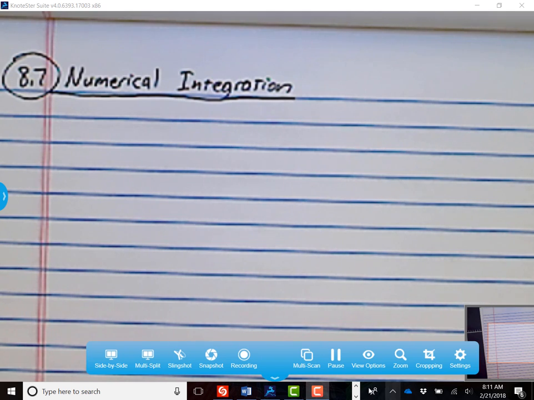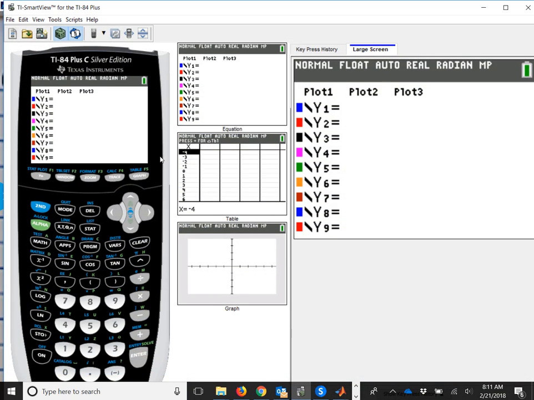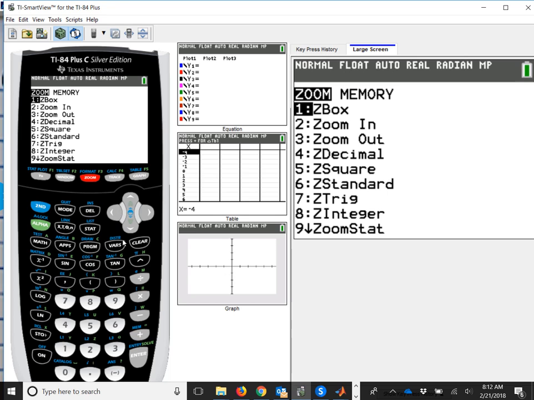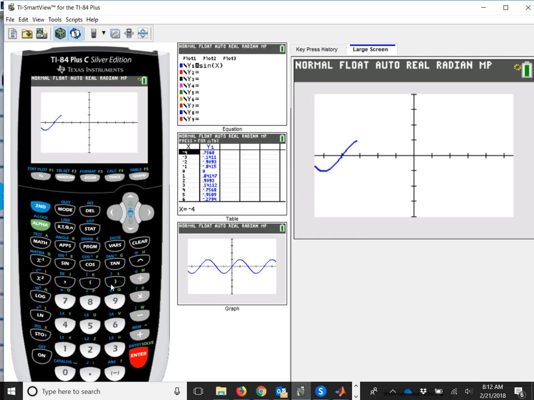So I'm going to pull out my TI-84 Plus Silver Edition, and I'm going to graph y equals the sine of x for starters. I'm going to hit zoom trig because I know that's a nice choice, choice 7. So here's my good old sine function, which goes through 0, 0.